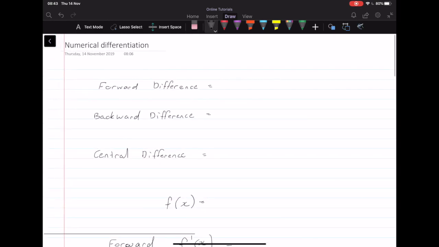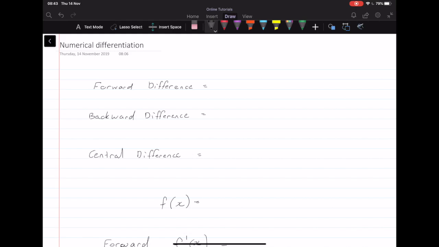Essentially, with numerical differentiation, we just want to find a numerical method instead of an analytical method to differentiate a given function. So let's get the formulae down. For the forward difference method, the equation is f of x plus h minus f of x over h, where h is your step size.